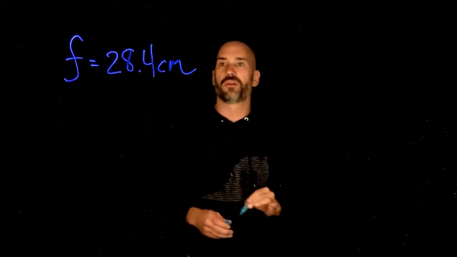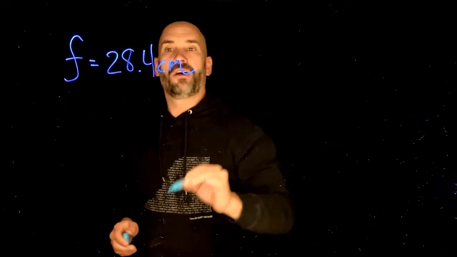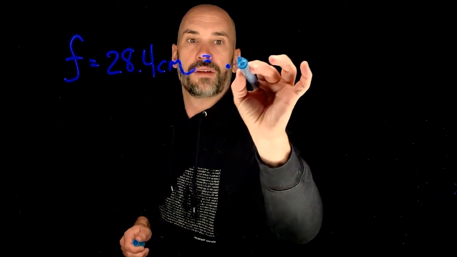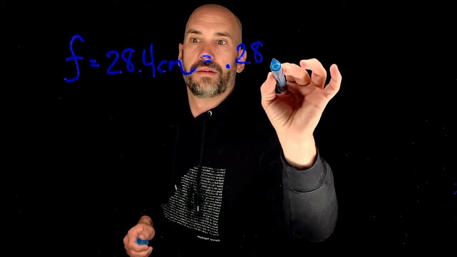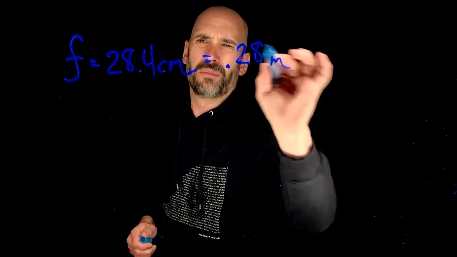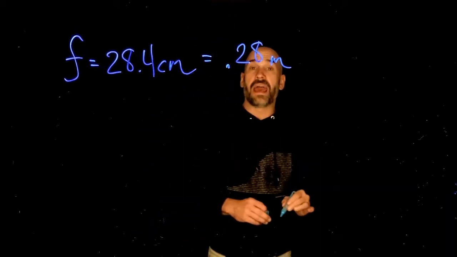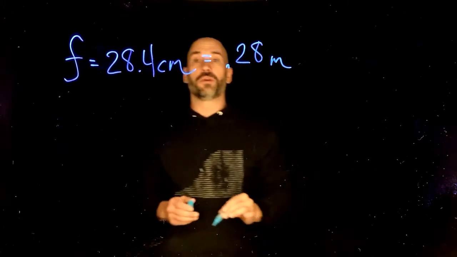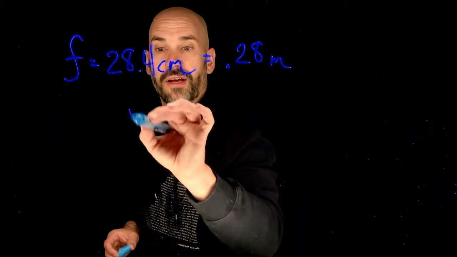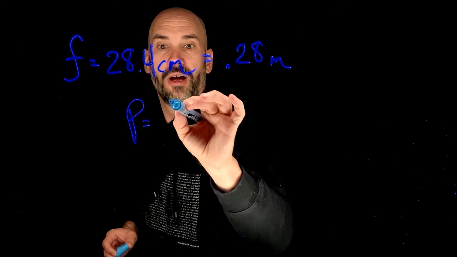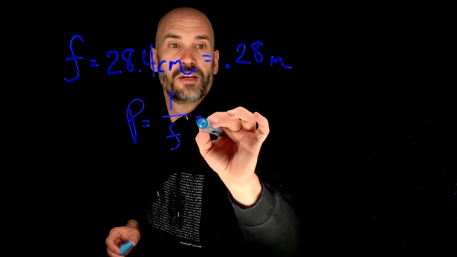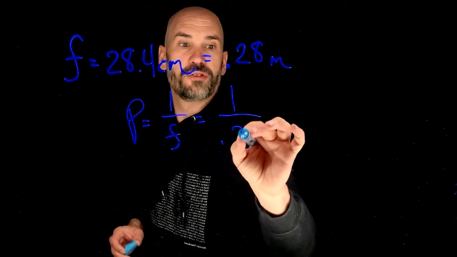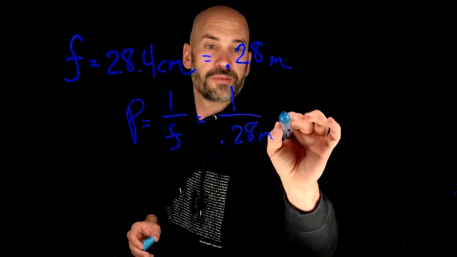Okay, 28.4 centimeters. As you all know, that's going to be 0.28 meters. I'm just going to round to 0.28. Okay, and in order to turn that into a prescription, we want a refractive power of 1 over the focal length, which is 1 over 0.28 meters.